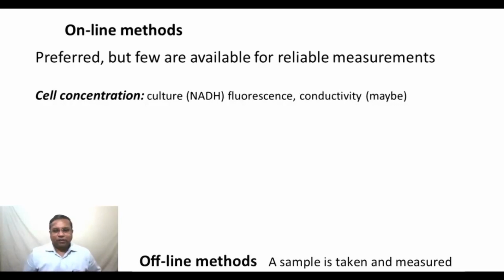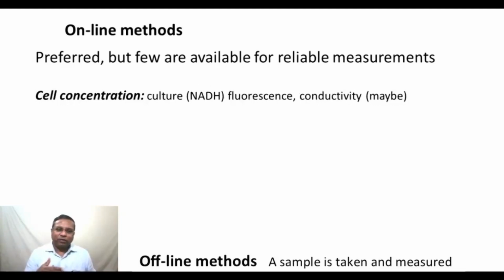the NADH fluorescence change. What is typically done is the fluorescence measurement probe is placed in a special well in the bioreactor. This is an optical probe. Before that, I need to tell you that the optimal wavelength pair for NADH is let's say 340, 460 nanometers.